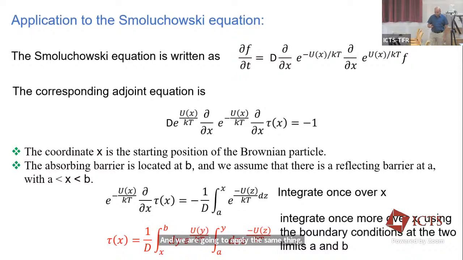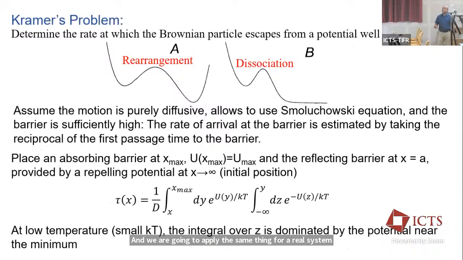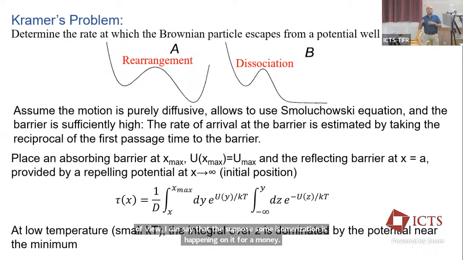Real system means here we are considering a particular problem known as Kramers' problem, and you can imagine that a bistable type potential is there, and the potential wells are described that way. This type of potential you can imagine as a kind of rearrangement. From a chemistry point of view, suppose some isomerization is happening for a molecule. This isomerization is a kind of rearrangement.